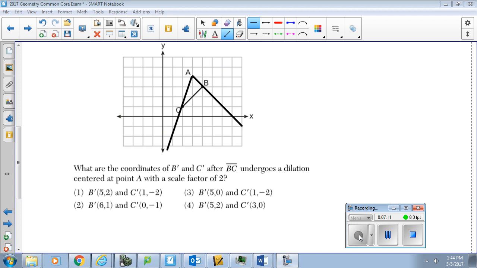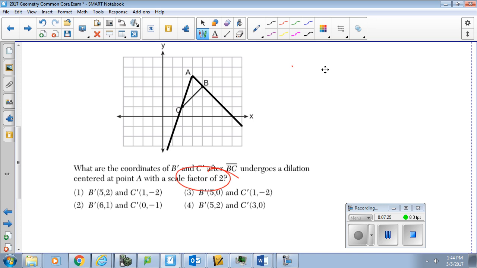Okay, get back to where we were. Since you have a line being dilated with a scale factor of 2, that means your new line is going to be longer than your original. So let's go ahead and do it.